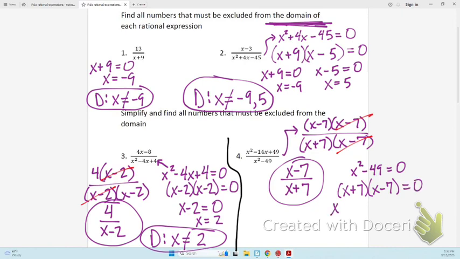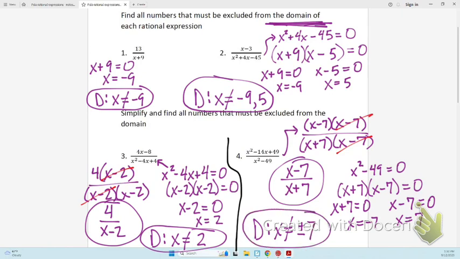Set both equal to 0. And we see there are two numbers we need to exclude from the domain. Positive 7 and negative 7.